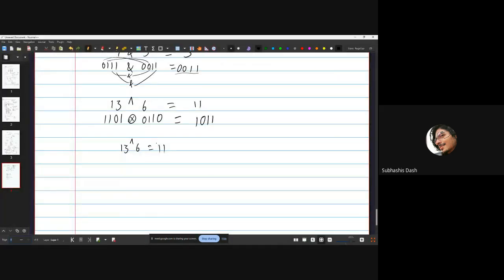So let's say that we have some number n and we are going up until n by 2, right? So in order to get n from n by 2, we have to multiply this by 2, right? So 2 into n by 2 will give us n.